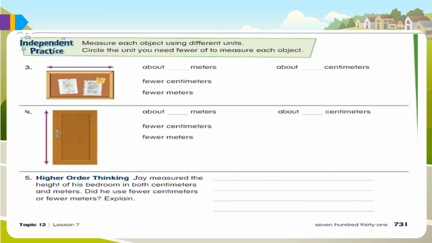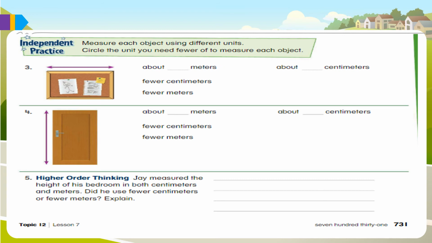On the next page, you have to circle the units you are going to use fewer. Fewer means less. So just like we did on the previous page, where we circled the units we were using more, we learned in the video that the smaller the unit, the more we are going to use it.